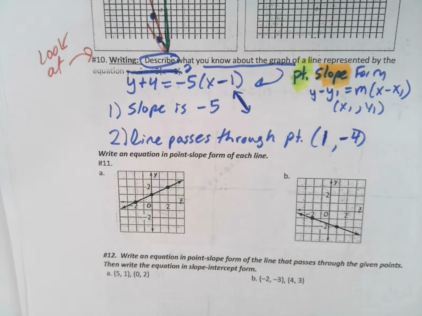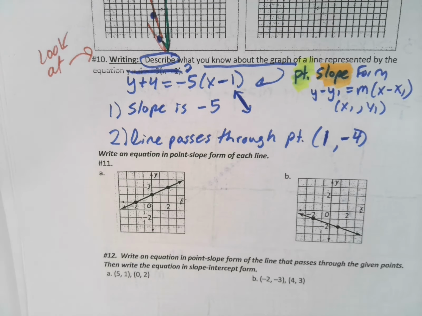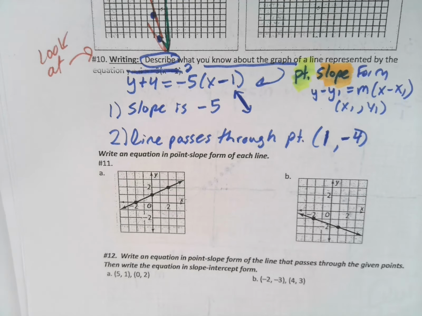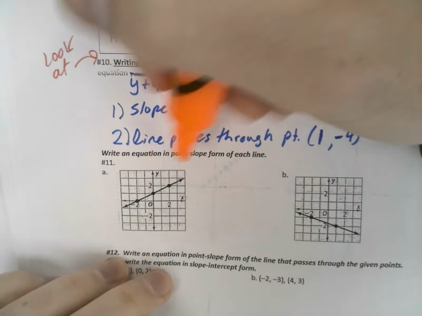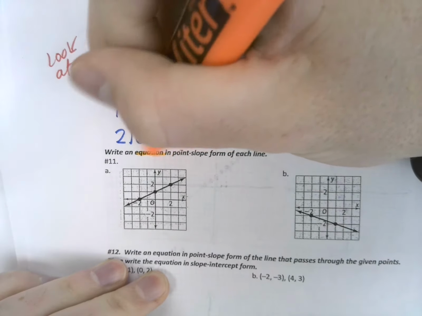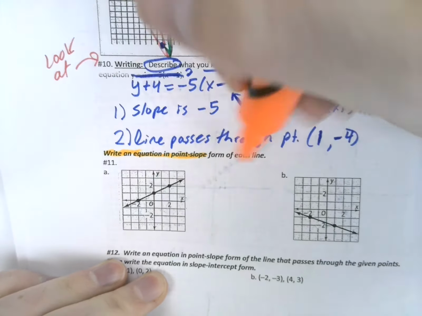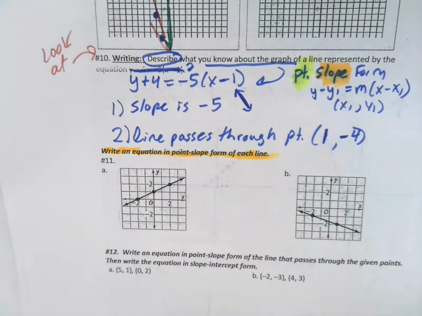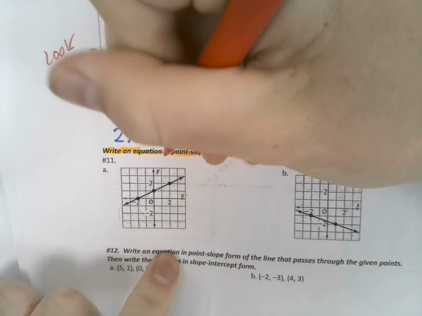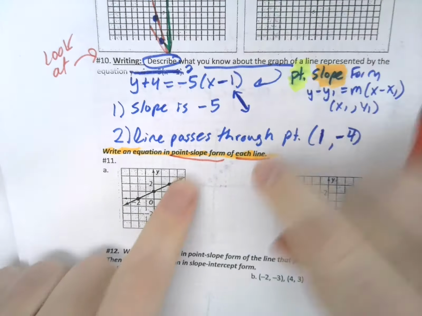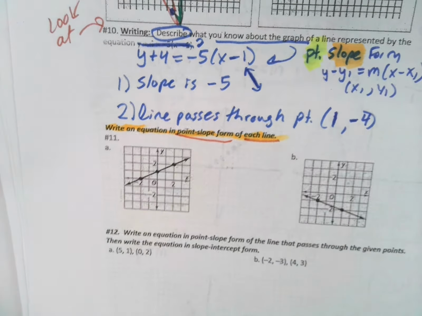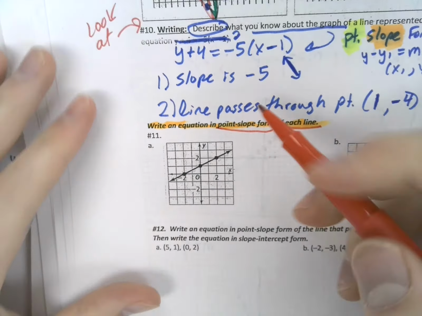Nice work, guys. Now, I really like these next couple sections. Check it out on this one. We're going to write an equation in point-slope form when they give you the line. So again, the key here is point-slope form of each line they give us. And the cool thing is, I want to make this very clear.